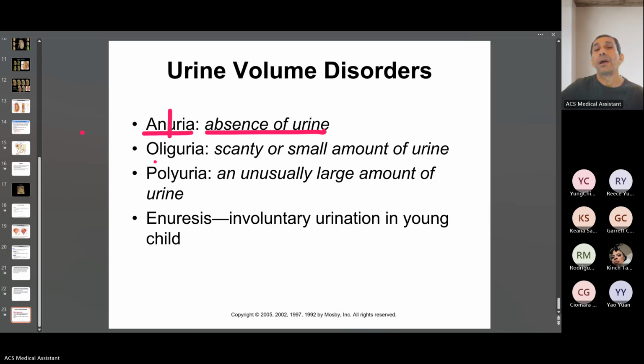Next, oliguria. Olig means little, small, scanty. So it is little urine. So once again, it's not that you are just peeing a little bit. That's another thing. That's incontinence.